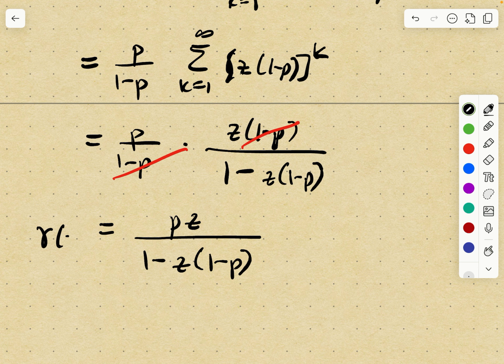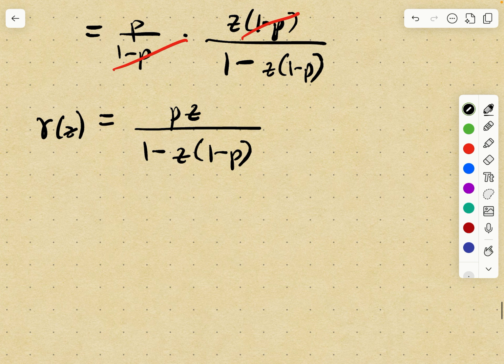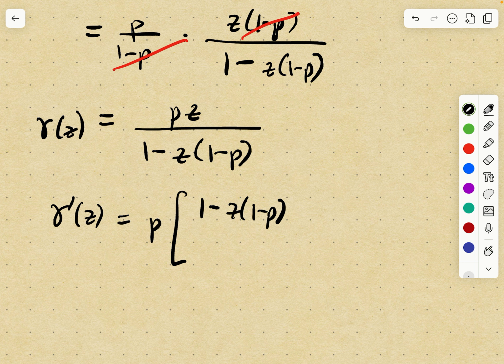So that's the generating function. Now to find the expected value, we just take the derivative of this and plug in 1. So for the derivative, well, we can pull out the p from the numerator, and then we use the quotient rule. So you get the denominator times the derivative of z, which is 1, and then minus z times the derivative at the bottom. So you're going to get negative (1 minus p).